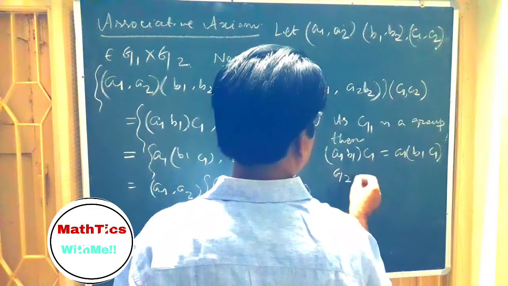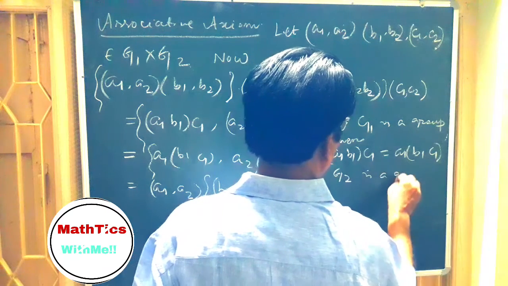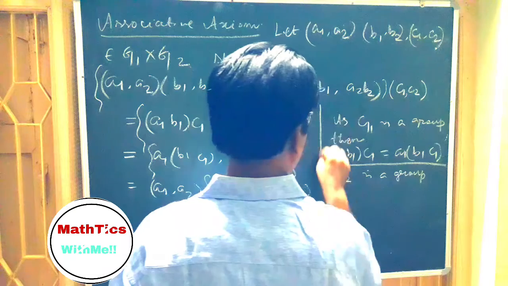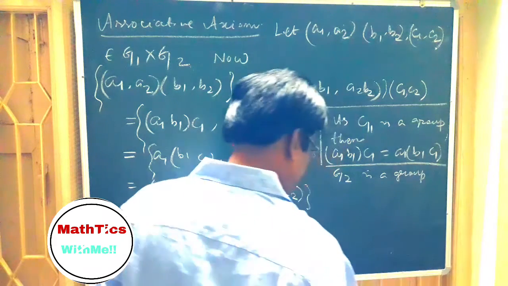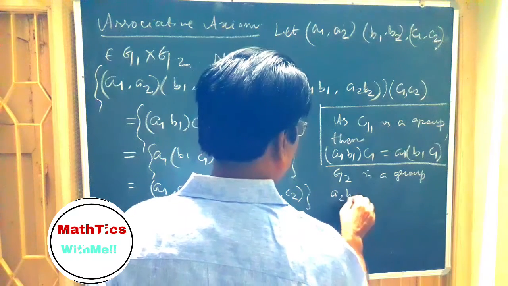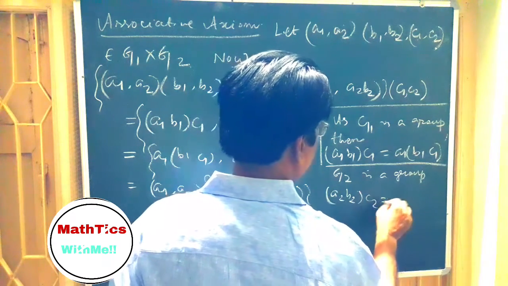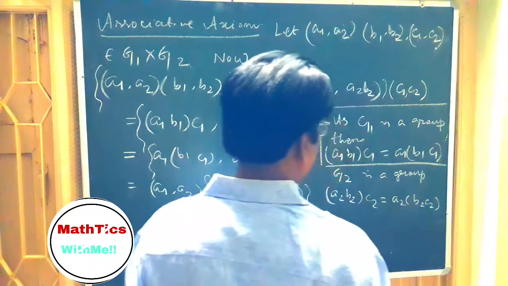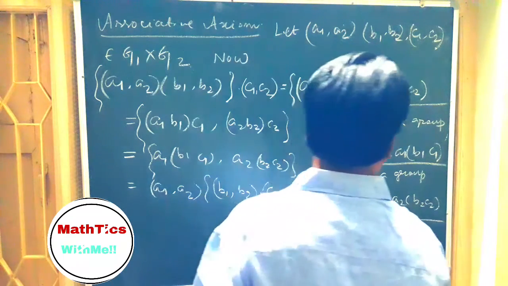Similarly, G2 is a group, so (a2 b2) c2 equals a2 (b2 c2) by the associative property.